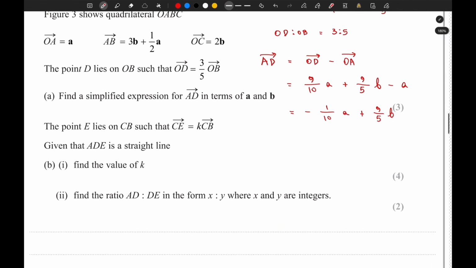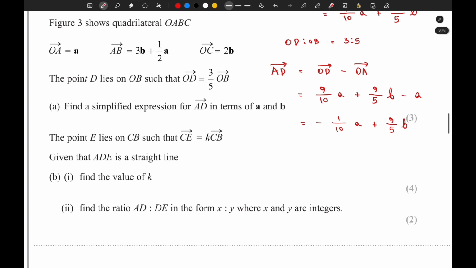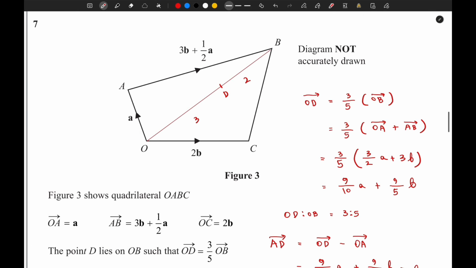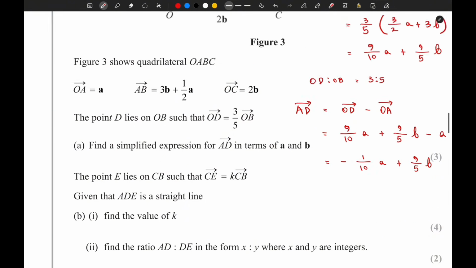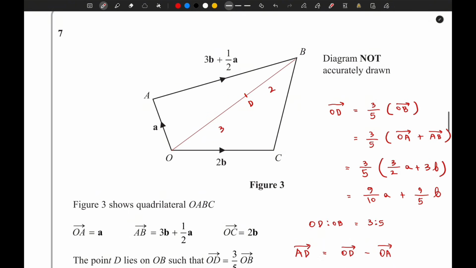Now moving on to the second part, the point E lies on CB such that CE equals k times CB. Given that ADE is a straight line, so A to D to E is a straight line.